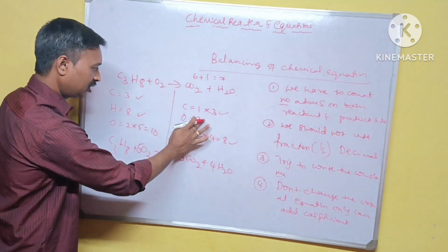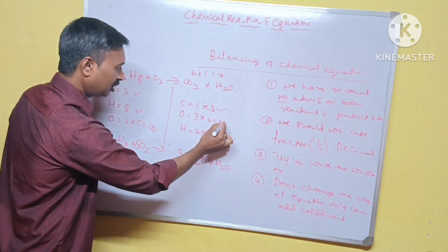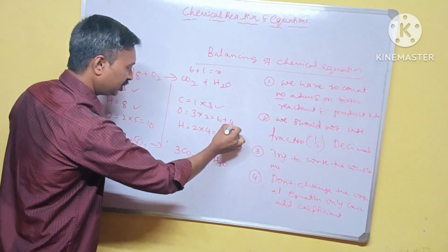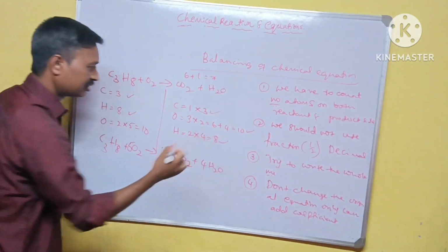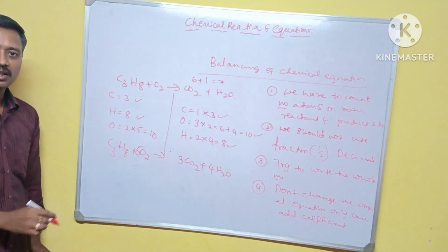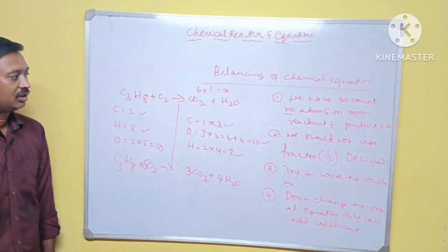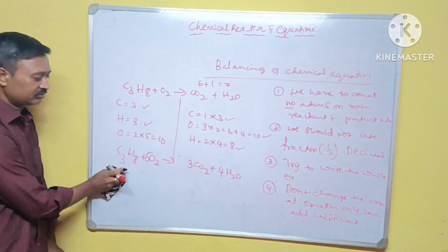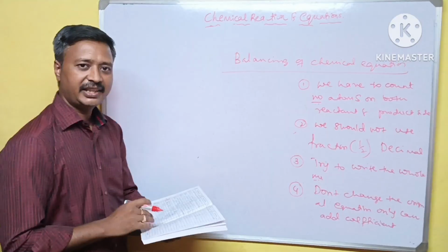Here 3 2s are 6 plus 4 is equal to 10. Balanced. Counting the number and balancing. Any doubt? Next example.